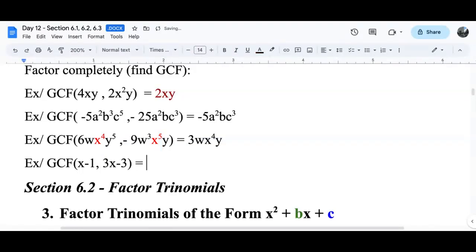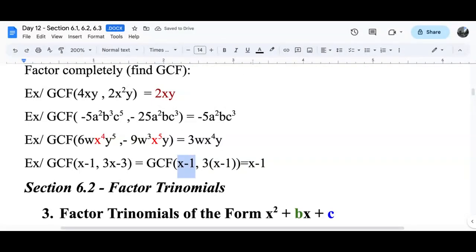Now let's see these two terms. What is the greatest common factor of those two? I see that's x minus 1. Right? Why? Because 3x minus 3 can be written as 3 times x minus 1.